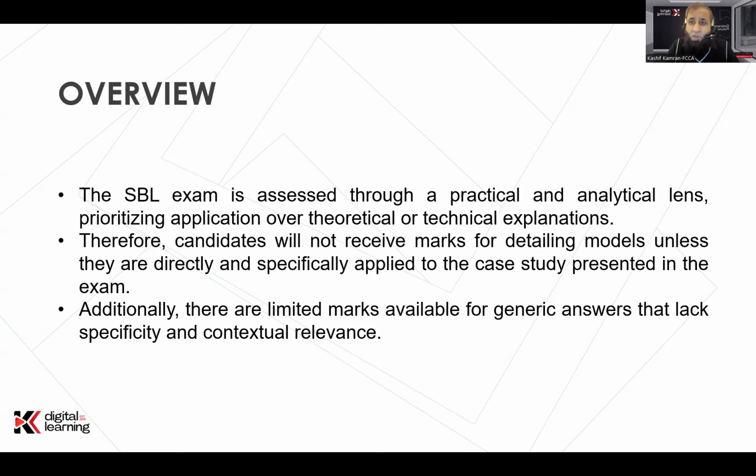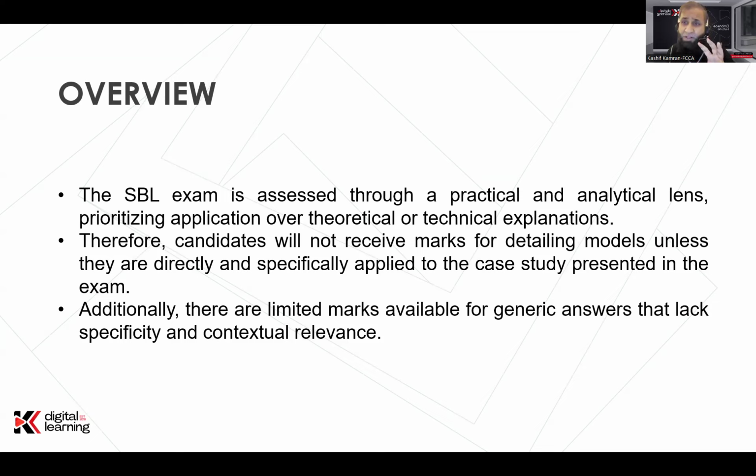Any student who realistically reads the requirement and sees whether it is specifically asking for a model application, or has given a hint of a model application, will then go ahead and do it with that particular model. Otherwise, a model isn't the best answer in SBL, and there is no space for generic stuff.